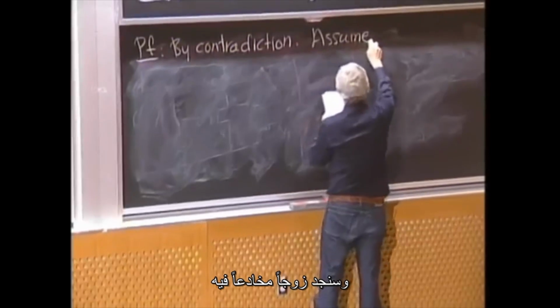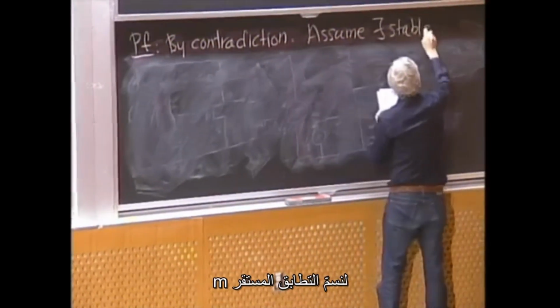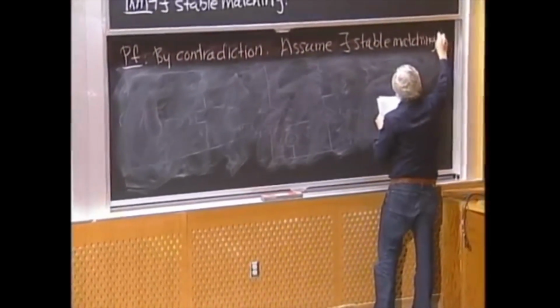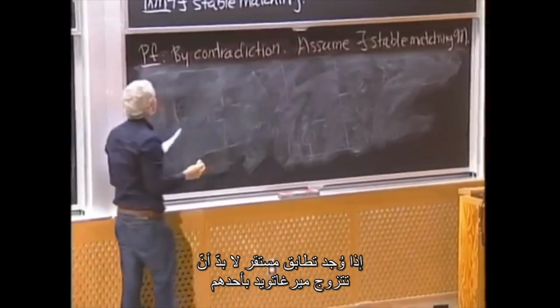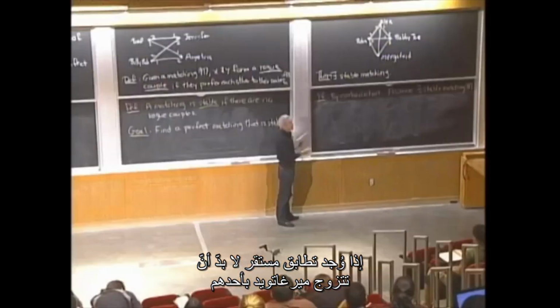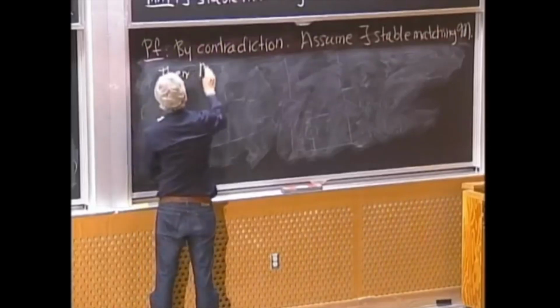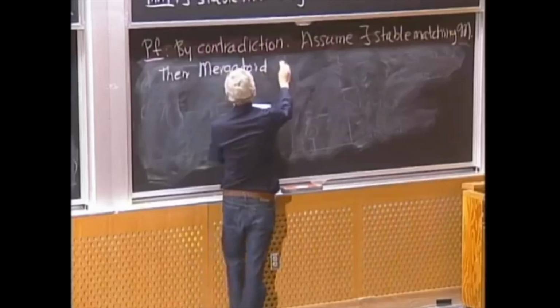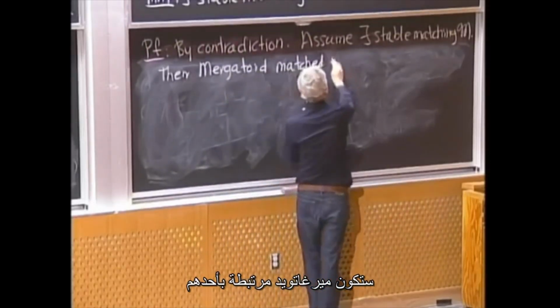We're going to find a rogue couple in it. Call the stable matching M. Well, if there's a stable matching, Murgatroyd has to get married to somebody. Murgatroyd will be matched with someone.